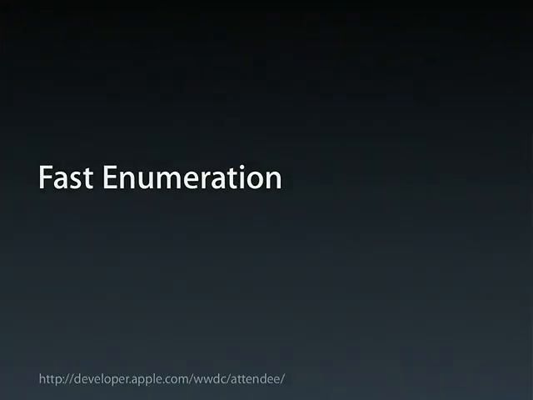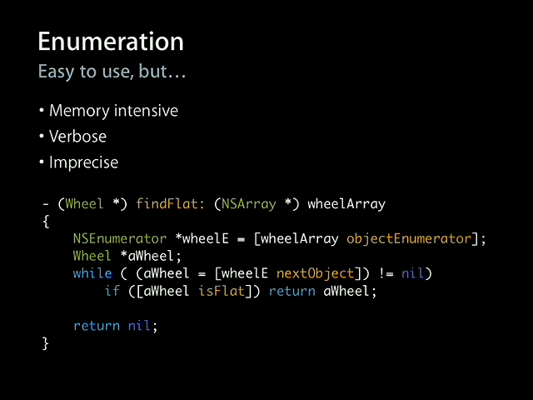Now moving on, fast enumeration. One of the most common constructs you find in code, outside of the setters and getters and accessors, which we'll get to in a moment, is that you've got to enumerate stuff. The traditional enumeration pattern was using an object enumerator, and then using nextObject and looping through.